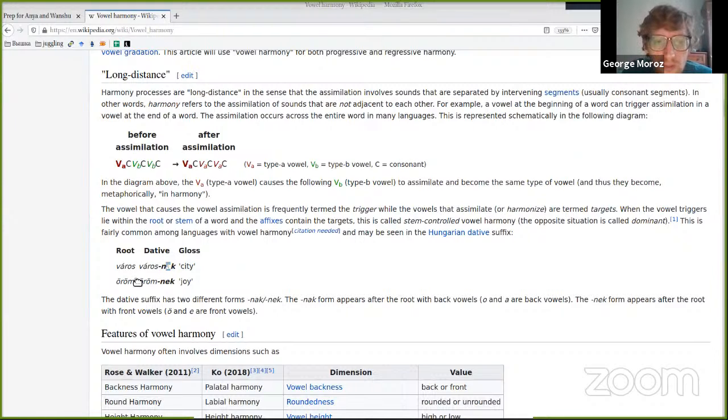If we have a stem with front vowels, then E will appear. This is a simple and more or less standard case. Each morpheme in this language will have these two forms, and then you need to accommodate to the vowels in the root.